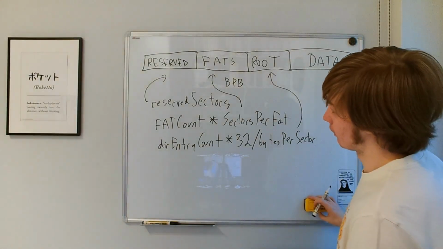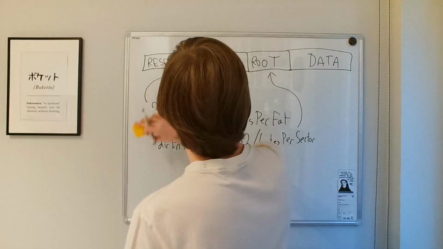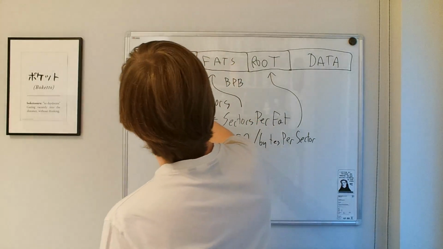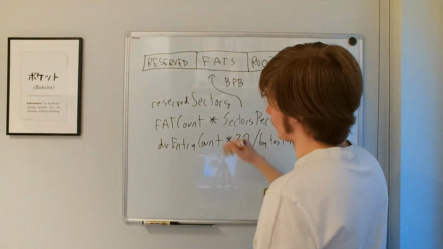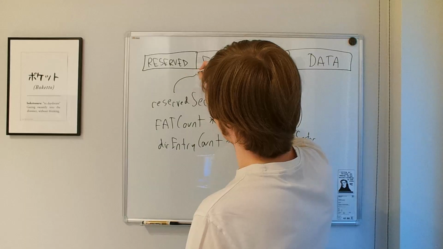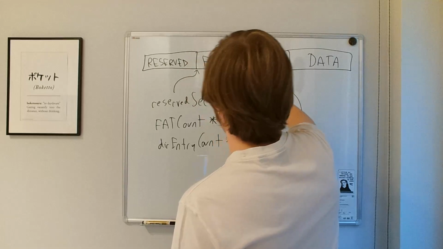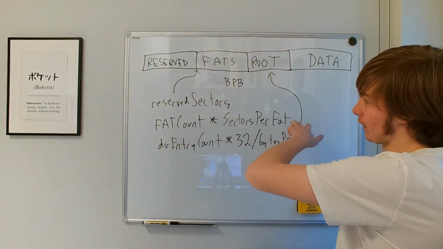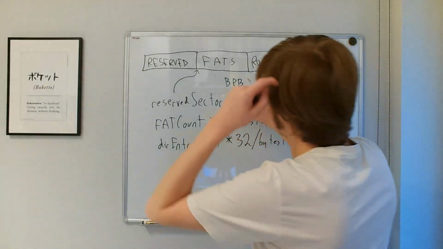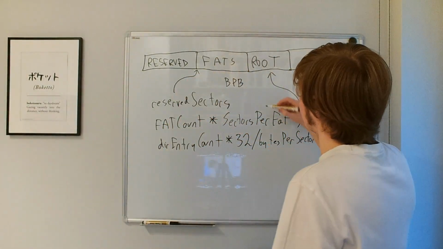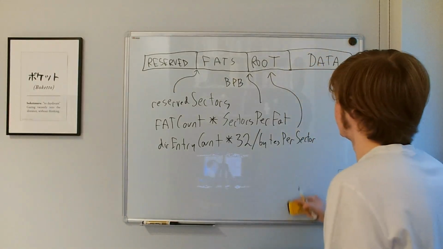Or maybe better visualized, reserved sectors would point to the end of the reserved region. Then if you add the entire size of the FATs region, you would end up here.